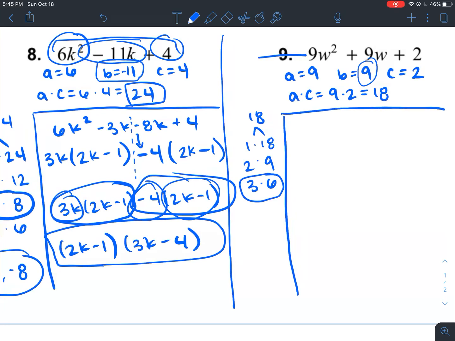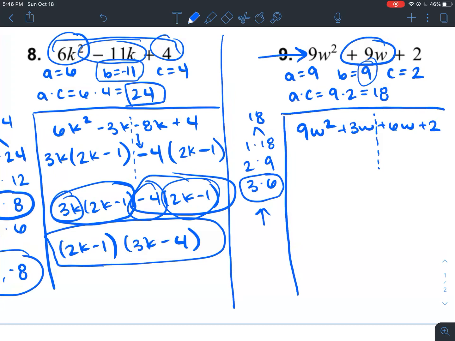Now let's rewrite this equation right here, where we have 9w squared, but instead of 9w, we're going to write it as 3w and 6w. So plus 3w plus 6w plus 2. Okay, now factor by grouping. So let's take the first two pairs of terms that we have.